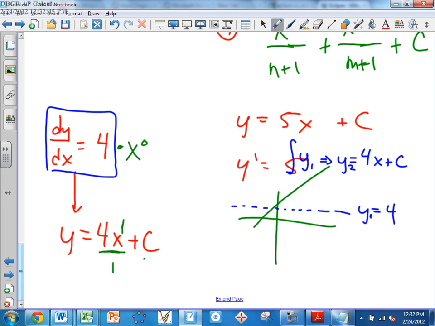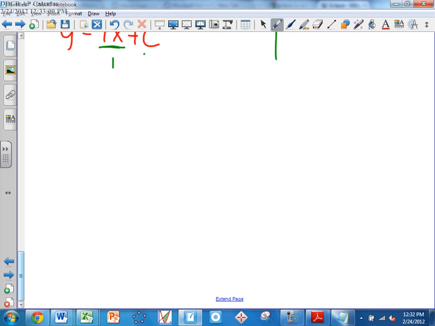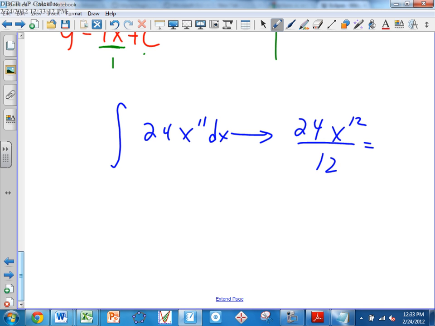Looking at number 2 there, you have quantity a plus b times quantity x plus 1 dx. Well, a plus b is just like a constant in the front. So again, a minute ago, we did the integral of 24 x to the 11 dx, and the integral of that turned out to be 24 x to the 12 all over 12, which is really 2x to the 12 plus the constant.